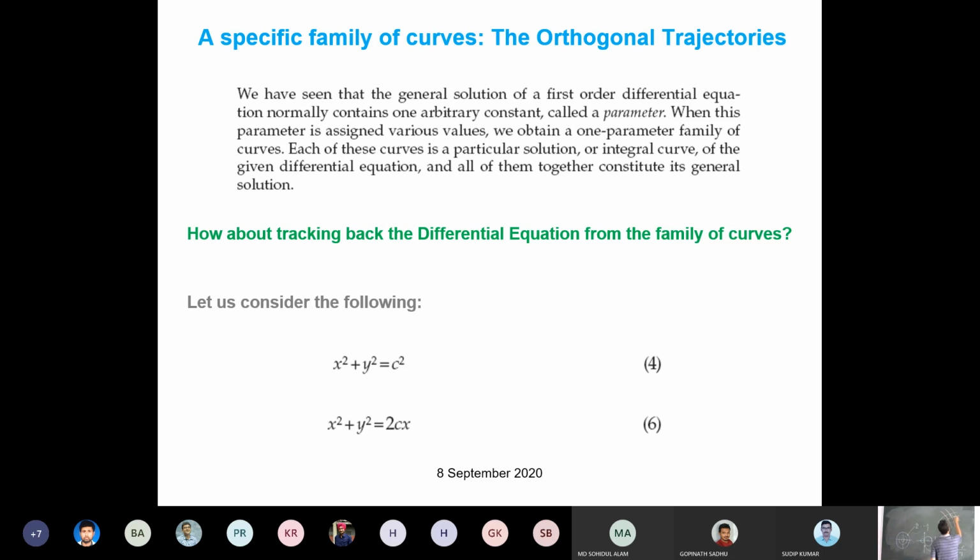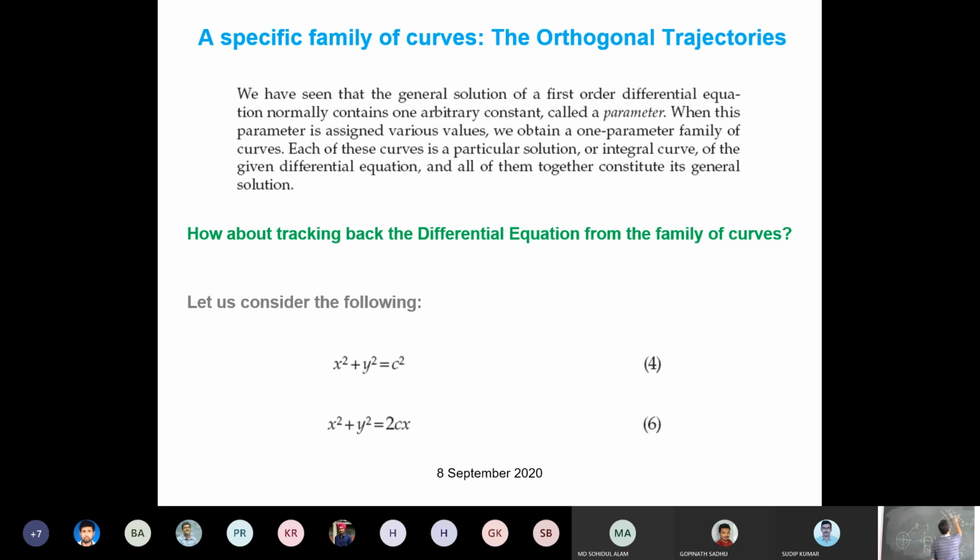So then what is going to happen? If at this point you draw a tangent, and here also you draw a tangent, they are going to be perpendicular to each other. Now let us assume that this green family of curves is represented by this differential equation.